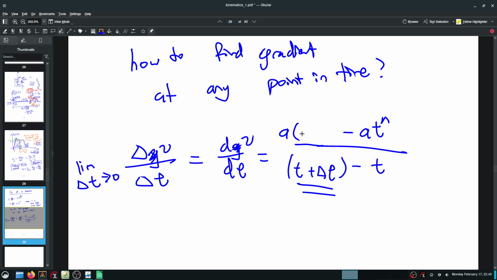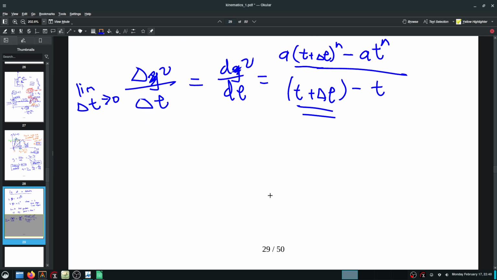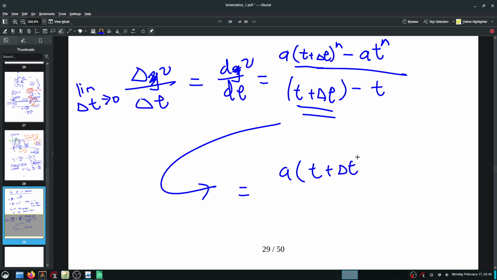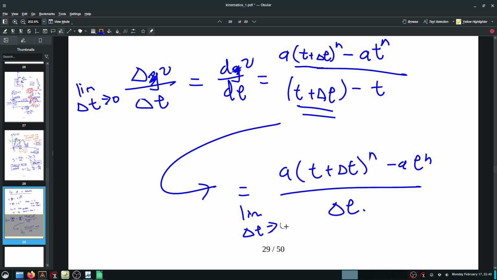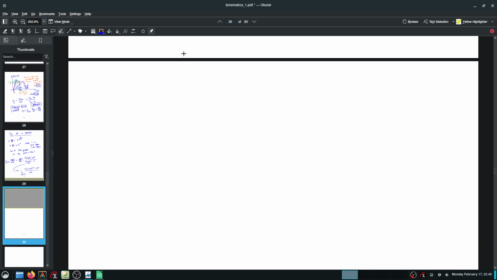I can say it's a (t plus delta t) to the power n. Okay, so this is fine and all. You will get [a (t plus delta t)^n minus a t^n] over delta t, and what I want to do is limit delta t goes to 0. Okay, let's go to the next page.